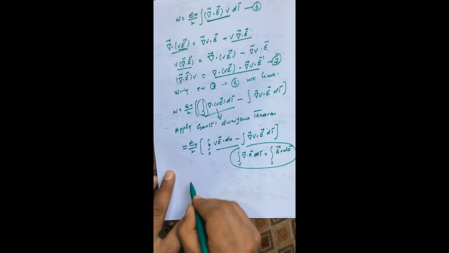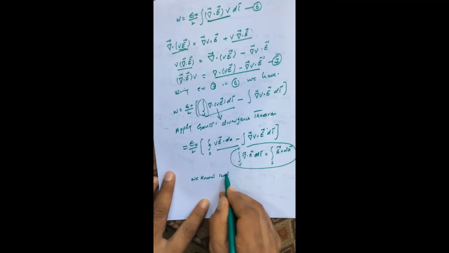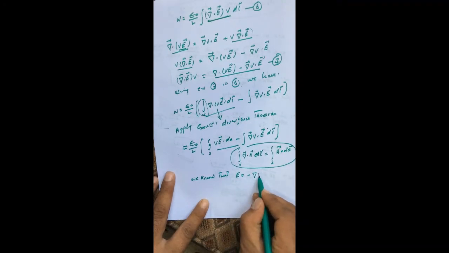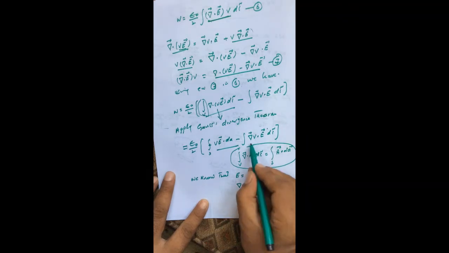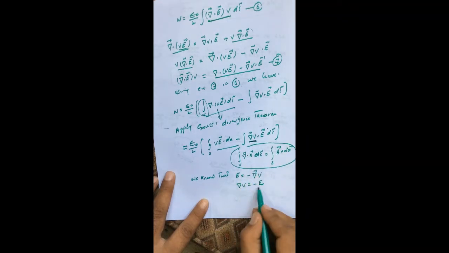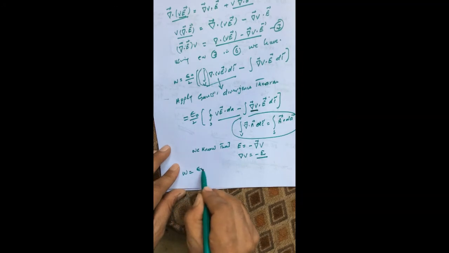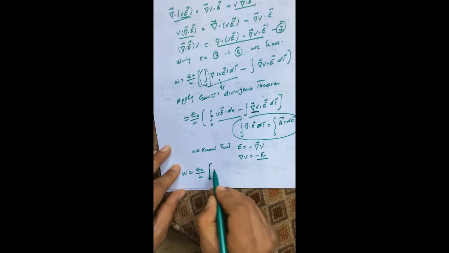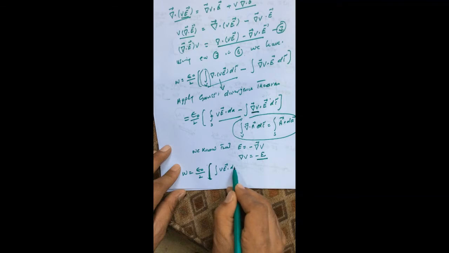Now we know that the electric field E is equal to the negative gradient of potential, so del V is equal to minus E. Replace this term here by minus E. So we have work done is equal to epsilon naught over 2 times the bracket, integral of VE dot dA.